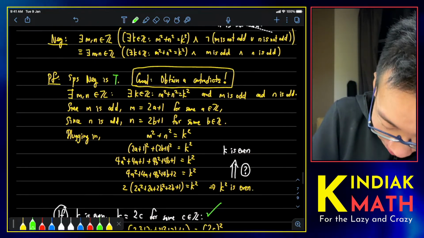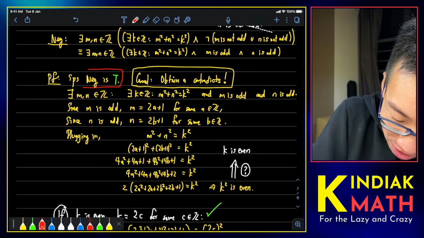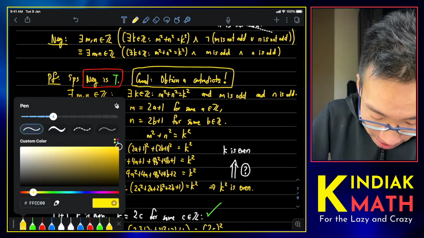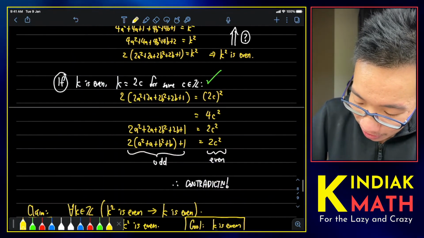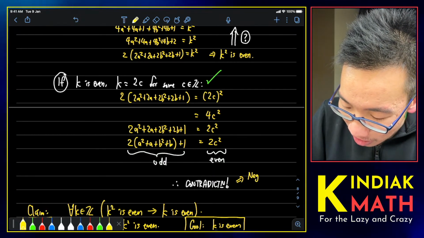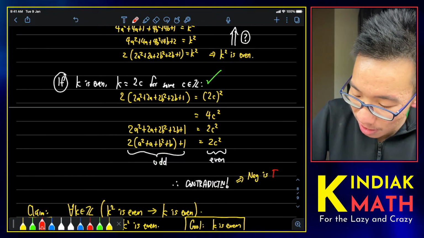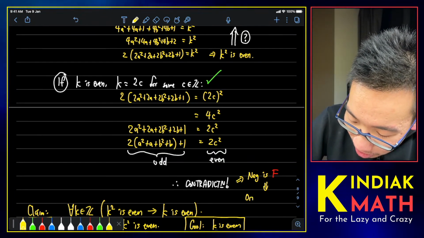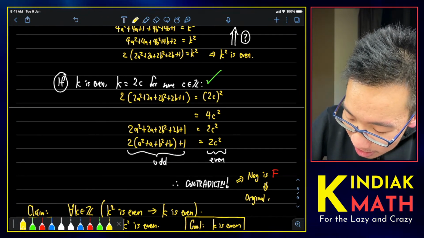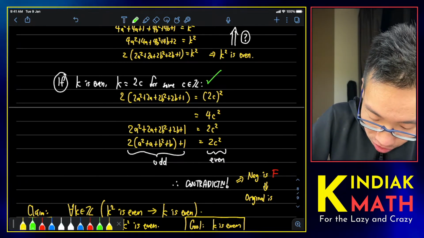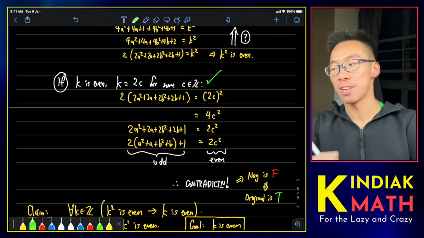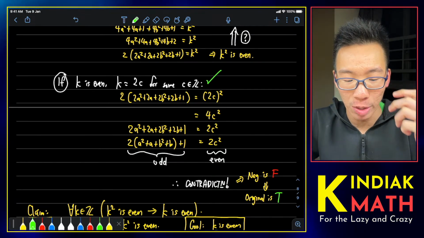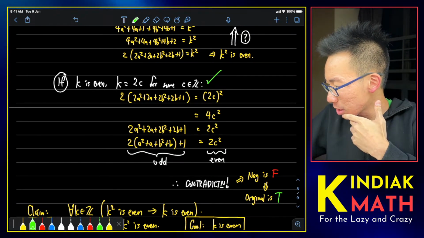We contradicted the case that the negation is true. So since we have a contradiction, the negation is false, which means that the original is true. And that is how we do it.